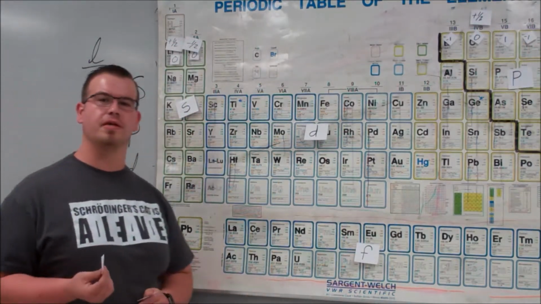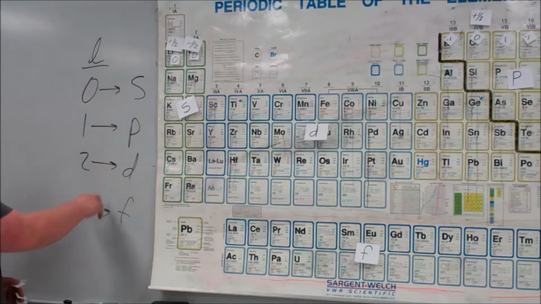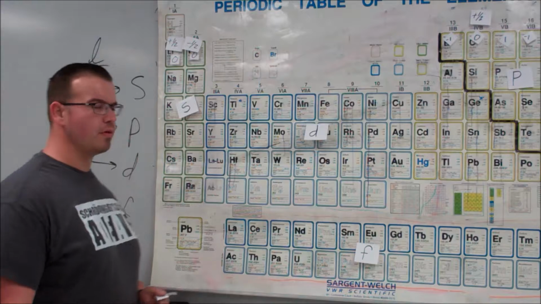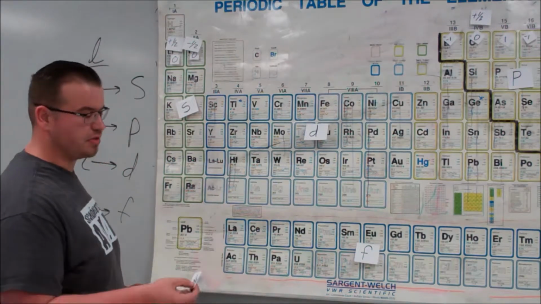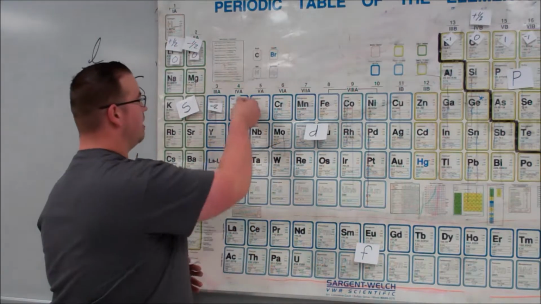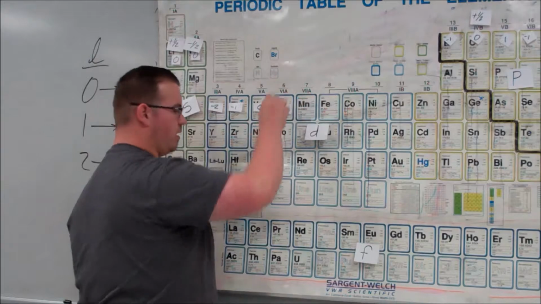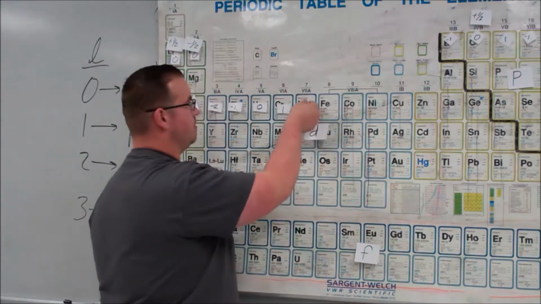If you're dealing with the D block, L is 2, so the range for your orientations is -2 to 2. So just start it off. Column 3, -2, -1, 0, 1, and 2.